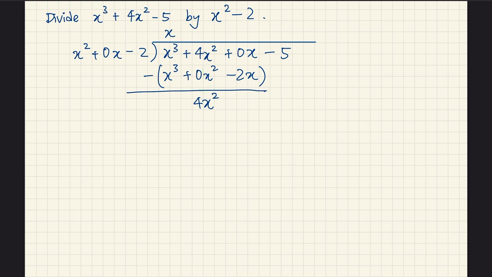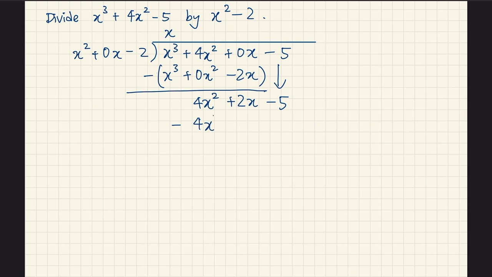So next, I also have 0x minus negative 2x, so that's going to give me plus 2x. Okay, and then the next step is what I will do here: I would bring this down in this step, and then notice that again I want to remove the leading term.